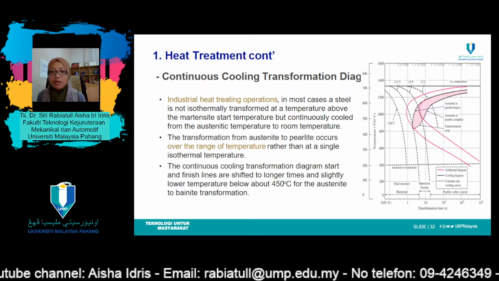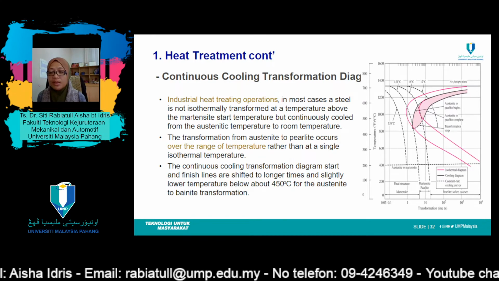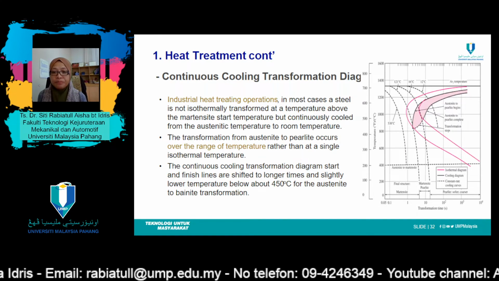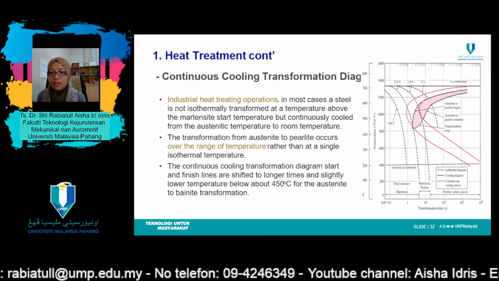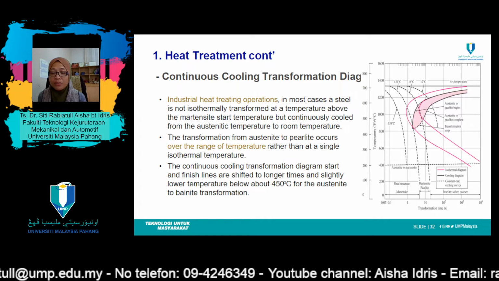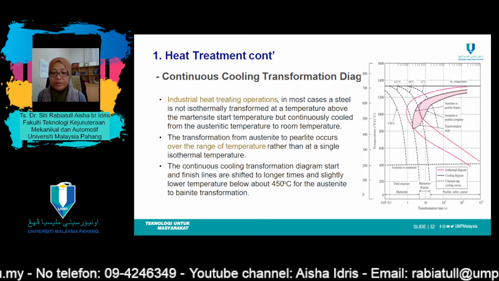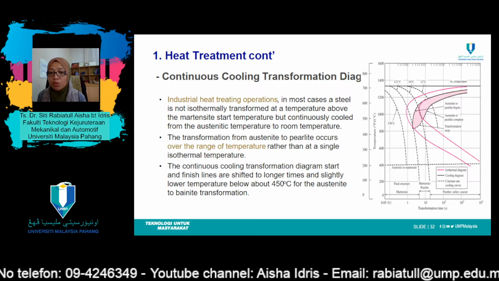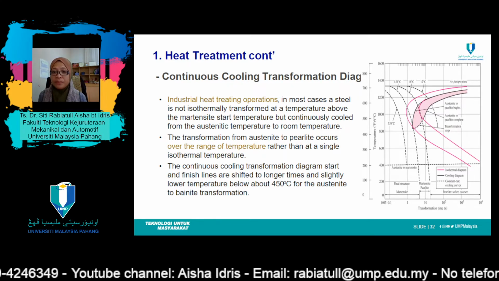What is a CCT diagram? The CCT diagram is used in industrial heat treating operations. Number one, in most cases, a steel is not isothermally transformed at a temperature above the martensite start temperature, but continuously cooled from the austenite temperature to room temperature.